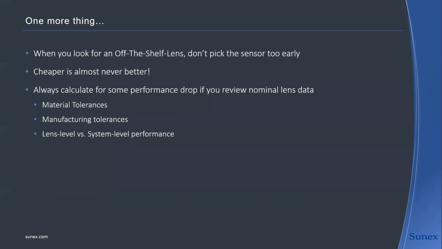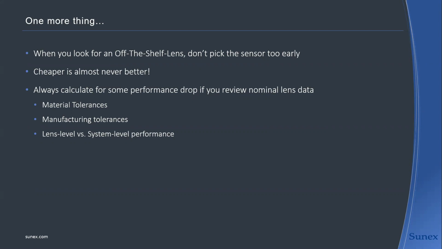So one recommendation we can make, especially if you want to choose an off-the-shelf lens, is to pick 2 or 3, maybe 4 different sensors you would consider, and then look at the 1 or 2 or 3 off-the-shelf lenses you would consider for your application, and just see where's the best overlay, right? Then you can really move forward with your intent of using an off-the-shelf lens. So don't lock yourself in too early with a sensor selection.